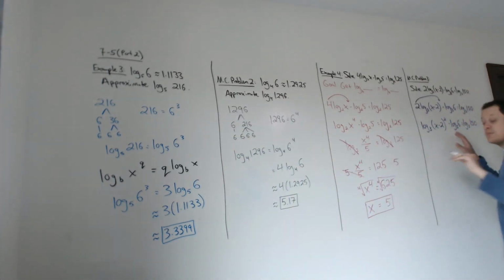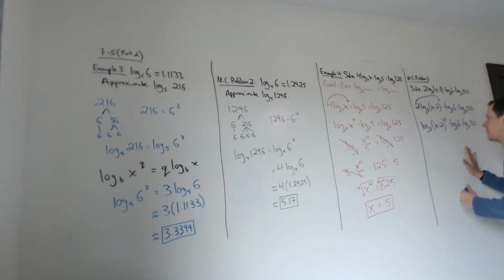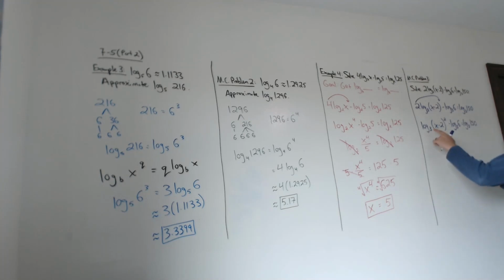This might be a good place to pause the video for a second. See if you can write what that next step looks like. Once you do that, play the video and see if you got it right. This is going to be log base 3 of x minus 2 squared over 6.